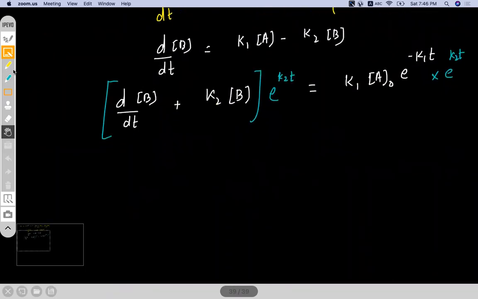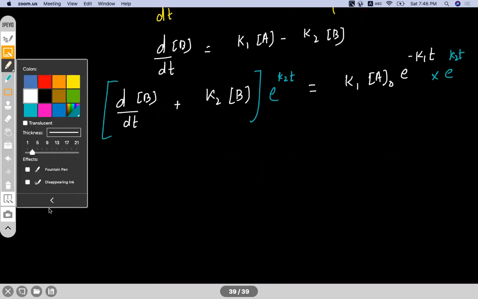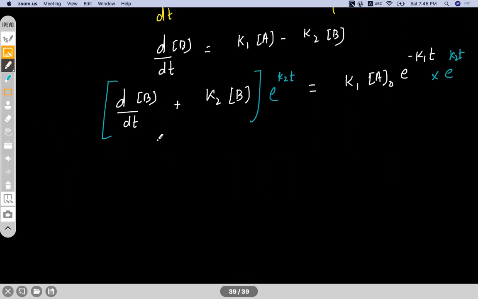Can I write this entire term as d by dt of concentration of B into e to the power K2T? Can I write this? Like d of u into v by dx. Yes, sir. So we get this.